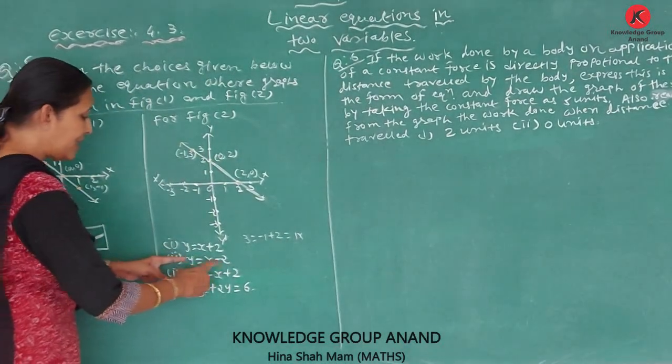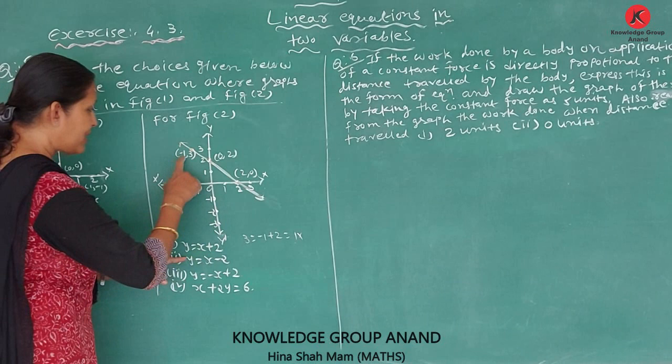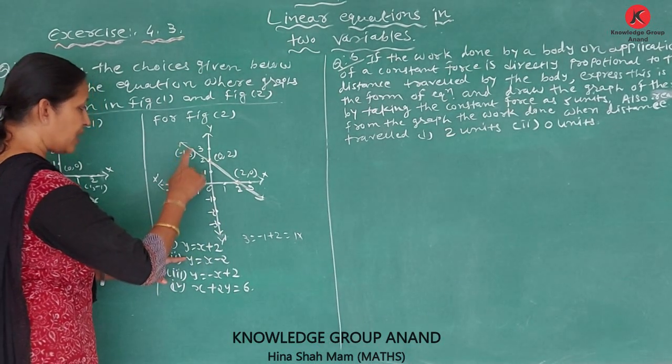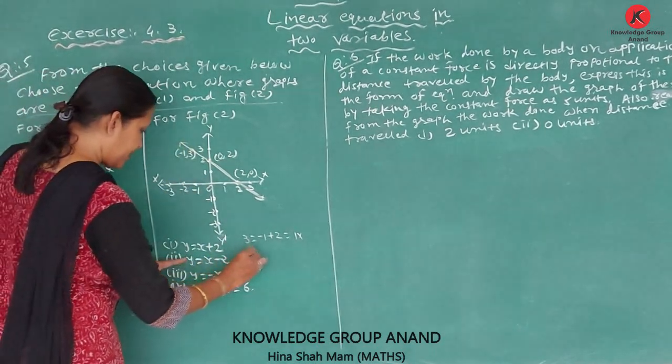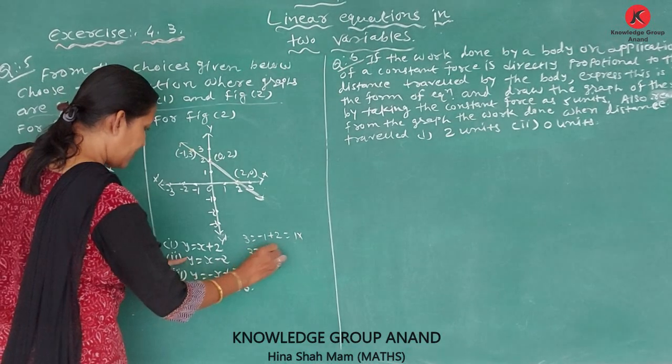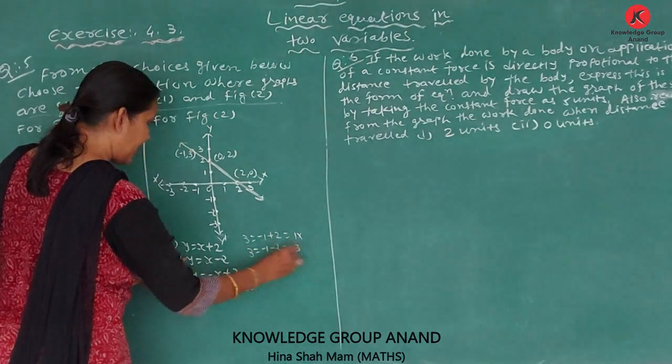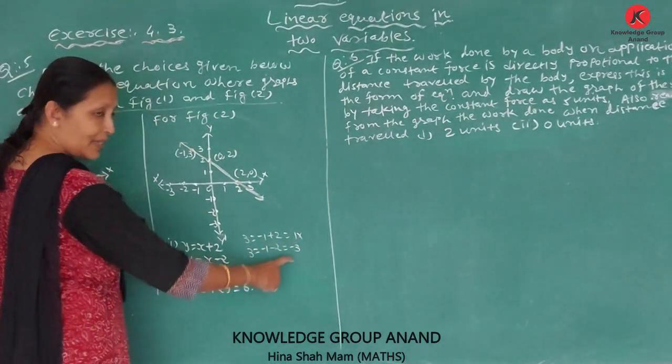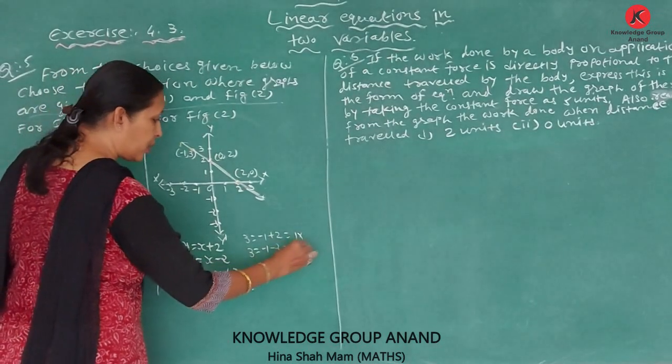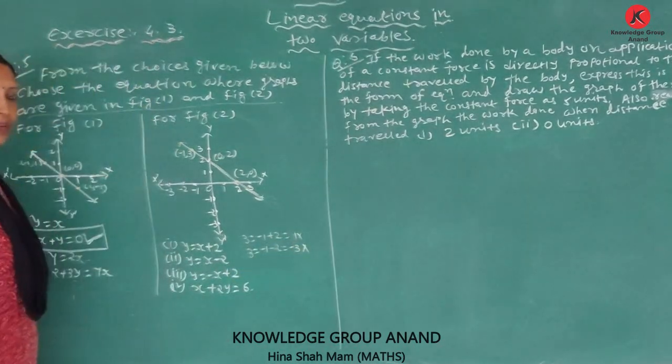Second, y is equal to x minus 2. Putting x equal to -1 and y equal to 3: 3 is equal to -1 minus 2, which is -3. 3 is equal to -3, is it correct? No, it is not correct.